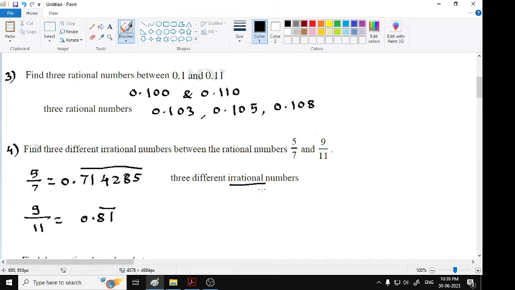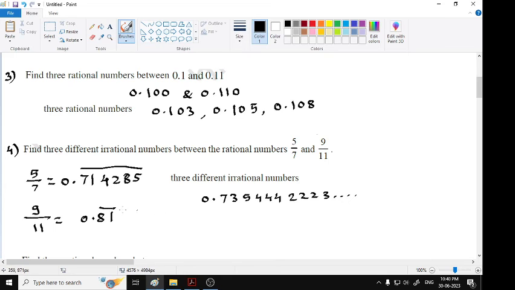Here we want to find irrational numbers. In previous questions we obtained rational numbers. Now consider any number between 0.71 and 0.81. So these numbers can be 0.7354442223. You can write any pattern of non-terminating and non-recurring numbers.